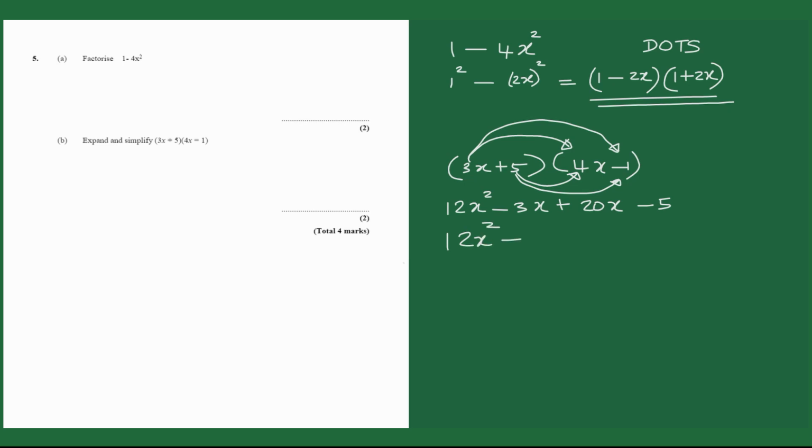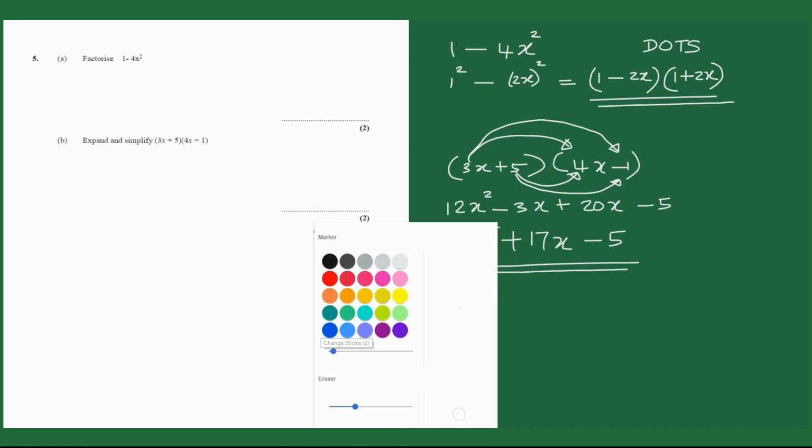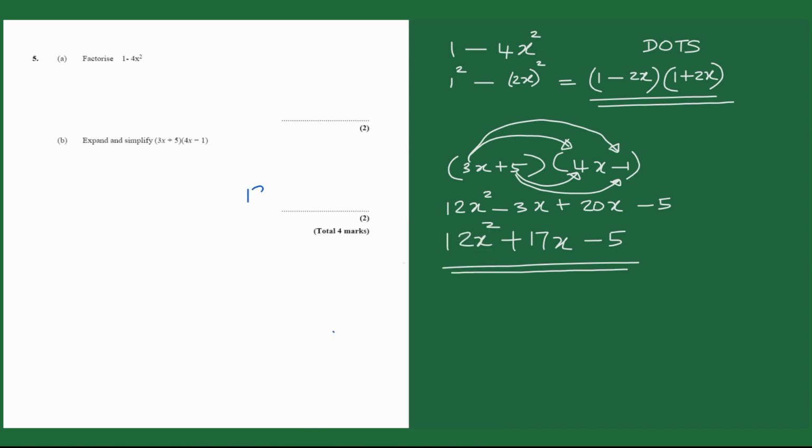Now collecting the like terms, 12x squared, 20x, negative 3x, so plus 17x minus 5. So that is the final answer for the B part. So let me write that one. 12x squared plus 17x minus 5, and the first part answer is (1 minus 2x)(1 plus 2x).